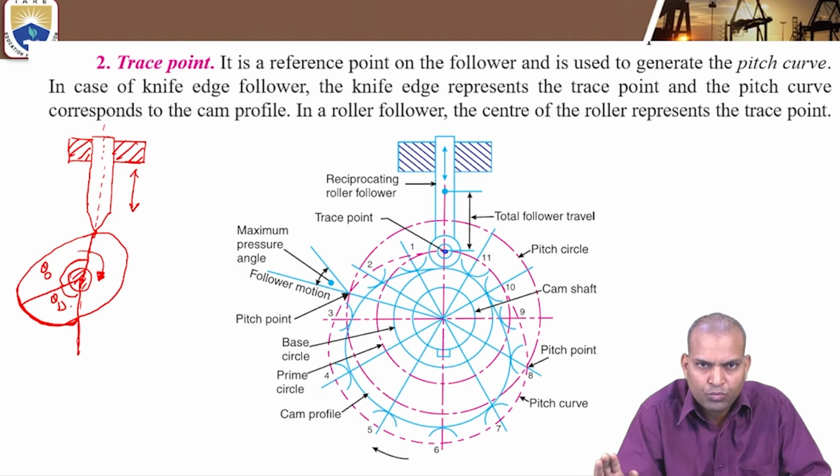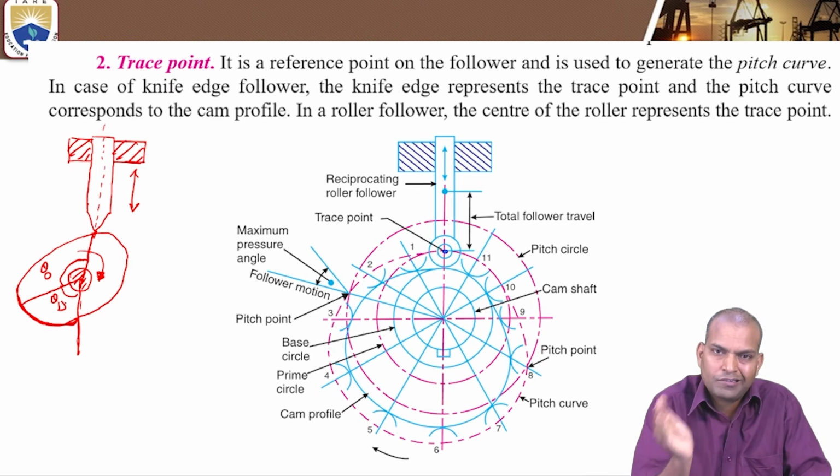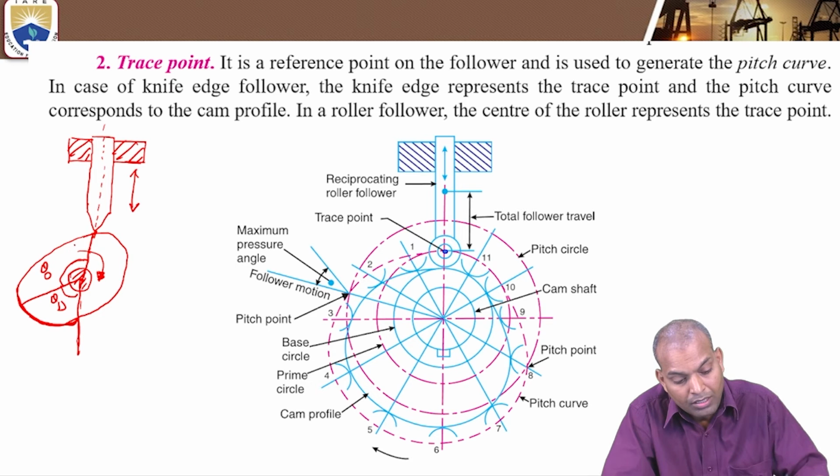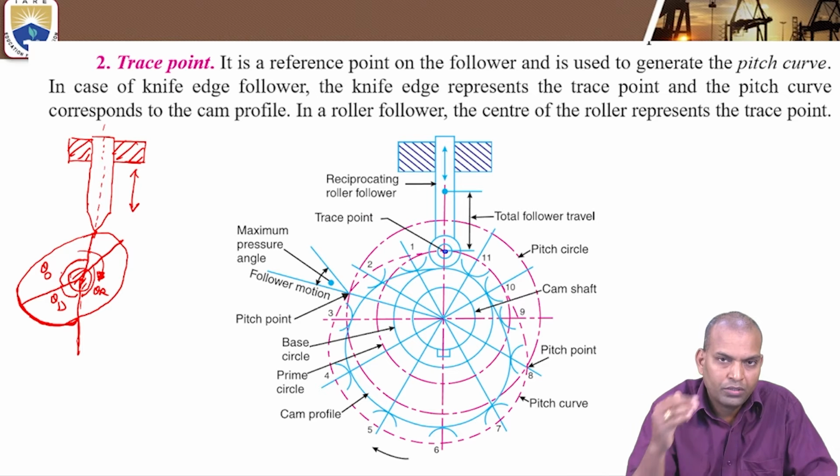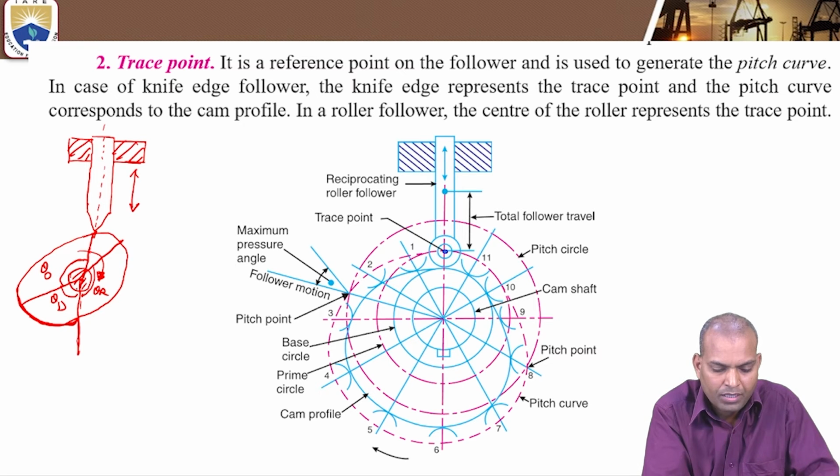At that time, there is no motion of the follower because it is a constant radius. For the next portion, the follower comes down. And there is a very small angle here, the dwell after the return stroke.